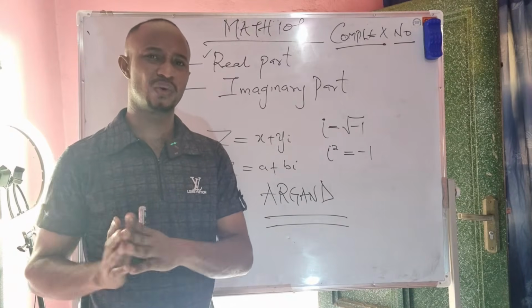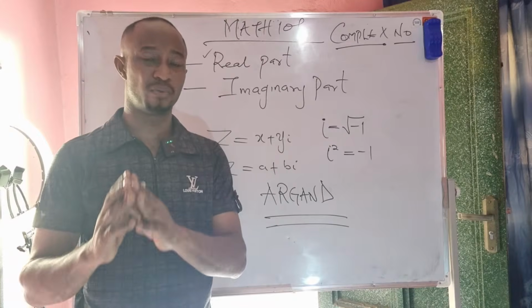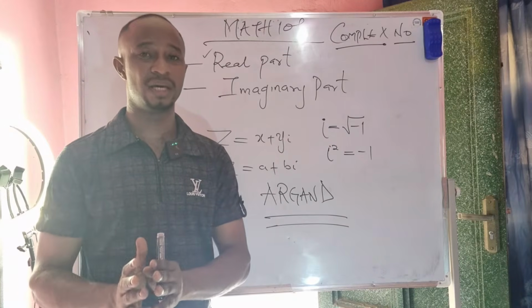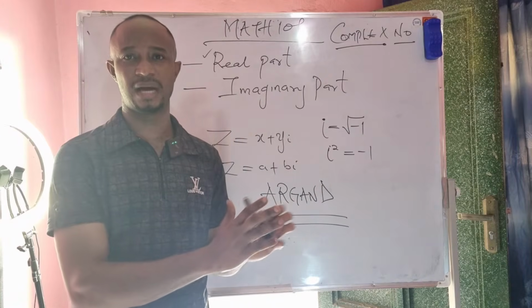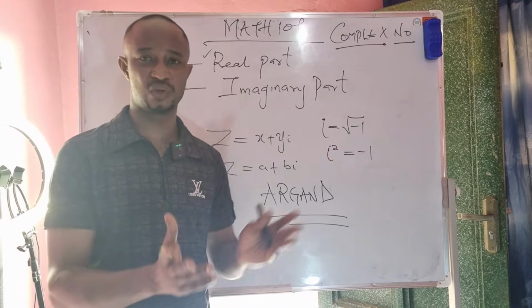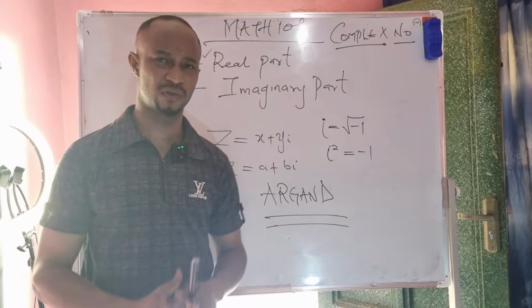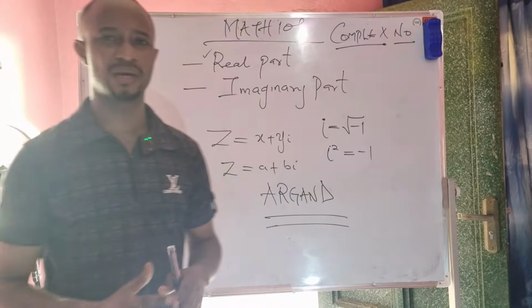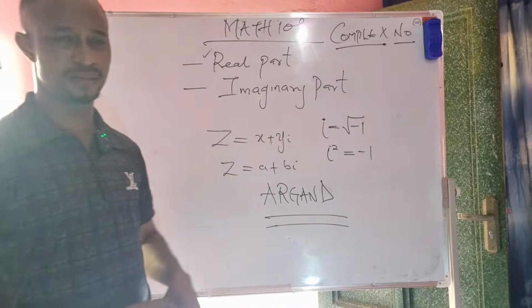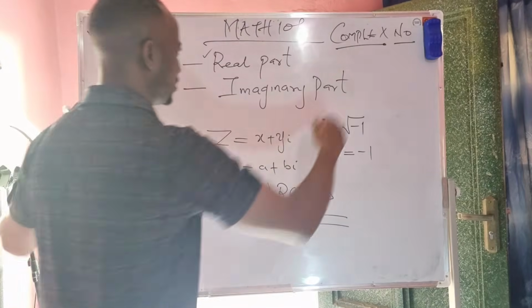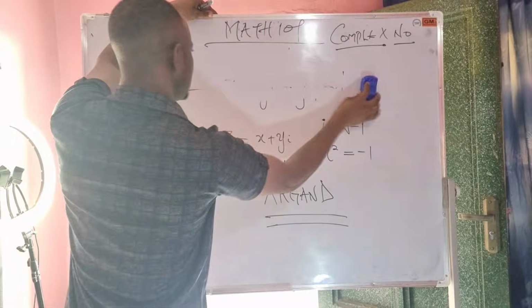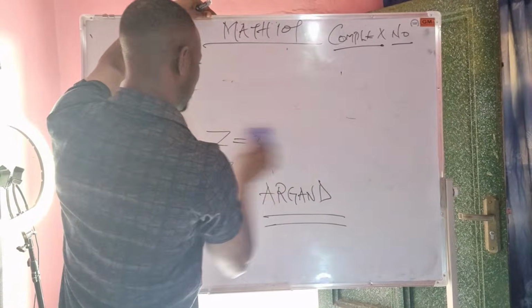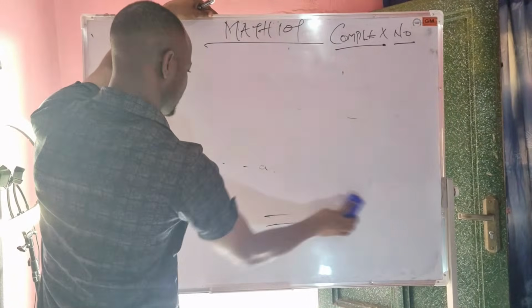Then from there, we also look at how to transform the polar form of complex number into other forms like the Euler form, the cis form, and we also look at De Moivre's Theorem and so on and so forth. Today, I will make sure I conclude on this topic. All right. Now, let's start the journey. Polar form of complex number.